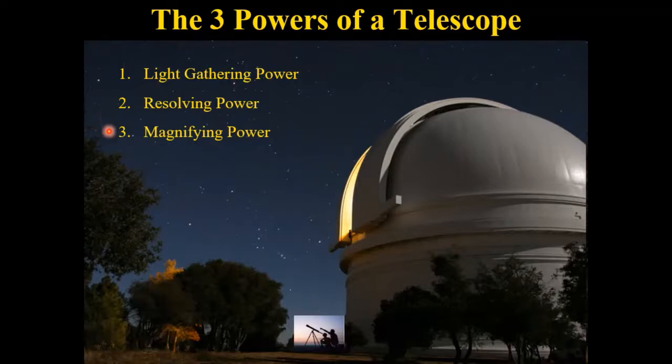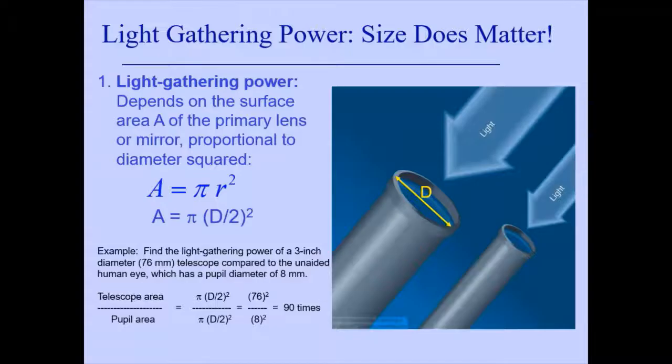And then, of course, finally, we want a telescope to be able to magnify the image, because all of the objects that astronomers look at are very far away, so they're generally very small in the sky, and so the telescope has to also have magnifying power. So we're going to take a look at these three powers of the telescope next.